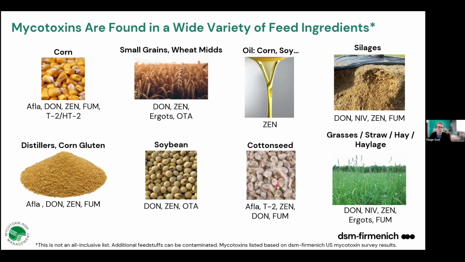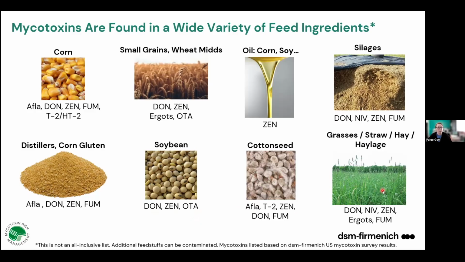Same thought on the side of cottonseed and cotton co-products. There's a risk there, especially based on our historical survey data. We've seen aflatoxins, we've seen T2 toxins, zearalenone, DON, and fumonisins in different cotton products. And then additionally, something that I don't want the ruminant side to overlook is the risk in other forages.